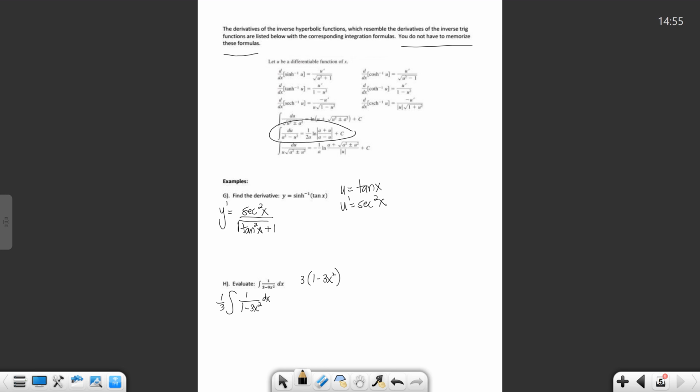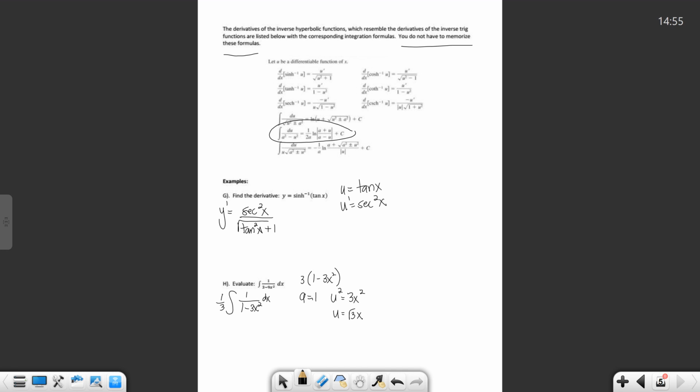Okay, so let's label the parts. So 1 on that bottom, that 1 is a squared, so we know a is 1. But now u squared is going to be 3x squared, so then u would just be the square root of 3x. Now notice that it's the square root of 3 times x. That x is not underneath there.